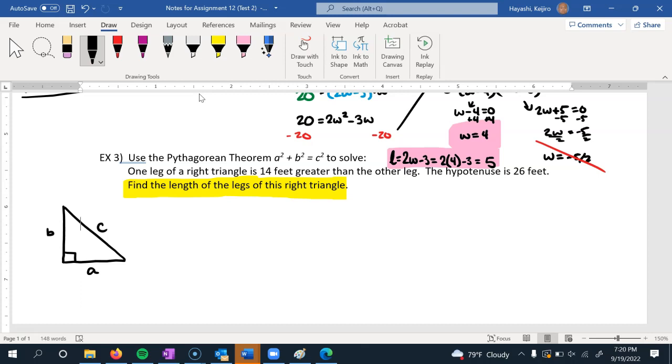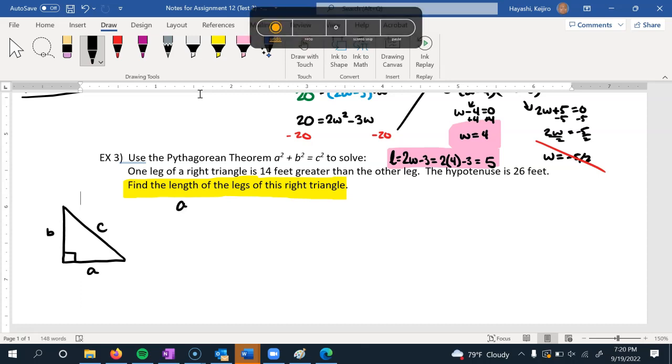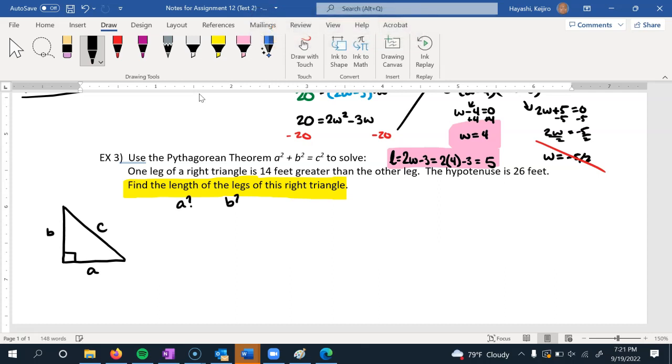Or does it not really matter? Right, we can try both ways. So first, let's introduce as few new variables as possible, and we'll just say that we're looking for a and b in this situation.